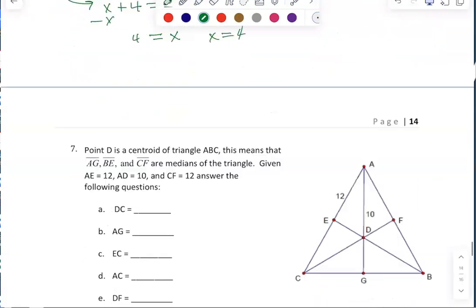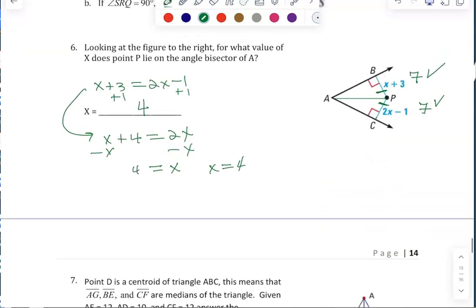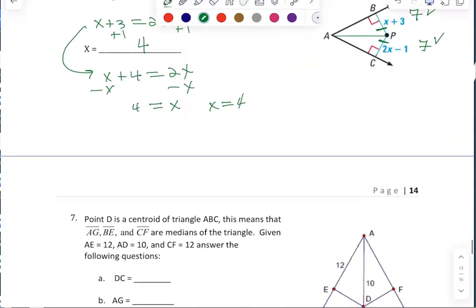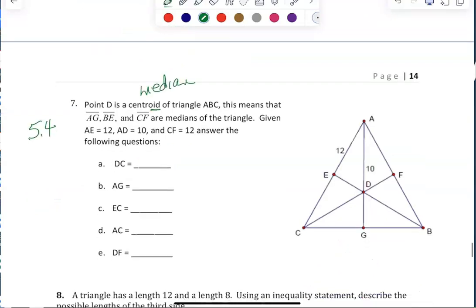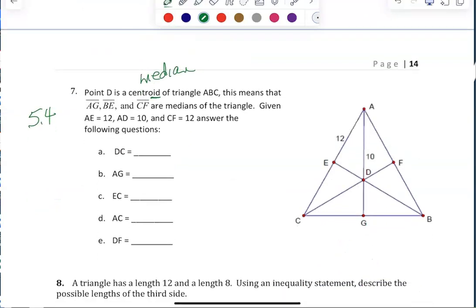Now we're talking about the centroid. The centroid is the next section, so this is 5.4. Centroids happen with medians. Okay, and I said I remembered it by saying, oh, I know what to do. What do I do? Well, what is a median?